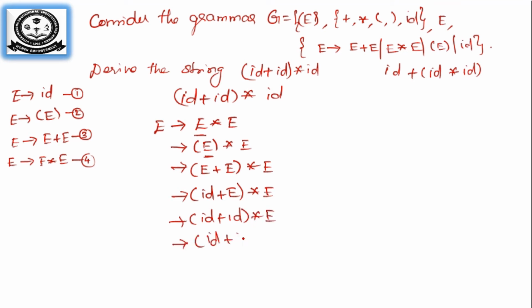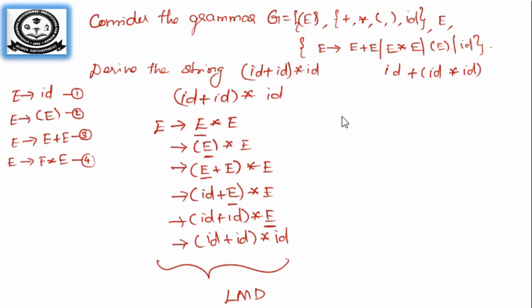So ID plus ID star ID. Now we will take an example. This substitution we call leftmost derivation. So this is an example of LMD. What do we mean by LMD? We will see it shortly. You can see the substitution happens only from the left side towards the right side. Okay, I have underlined that, right?